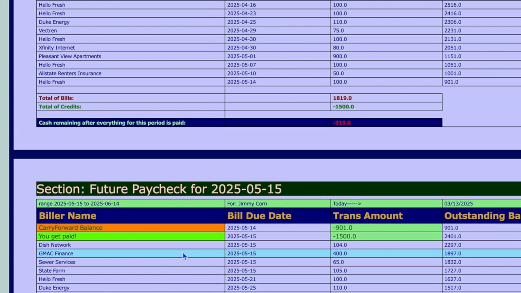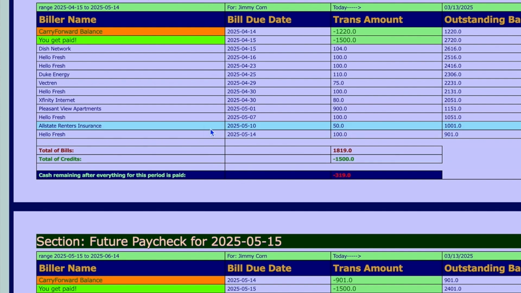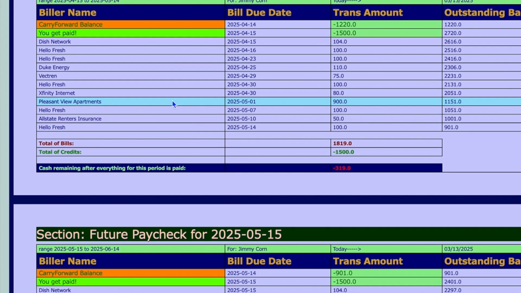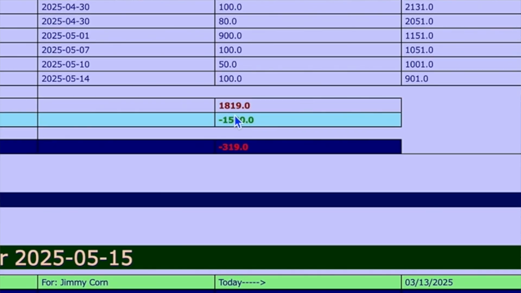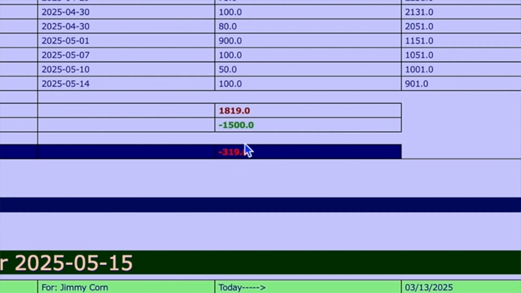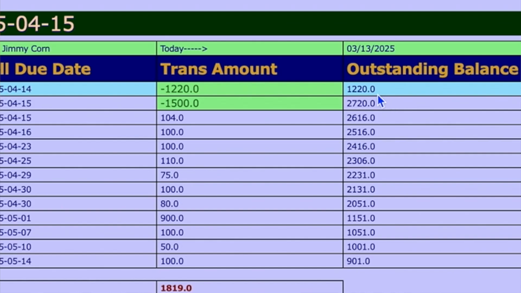But we have not given this person enough money because, as you can see here, they had $1,819 worth of bills, but only had the $1,500 monthly income. So they're in the hole $319. But they had $1,220 in the bank.